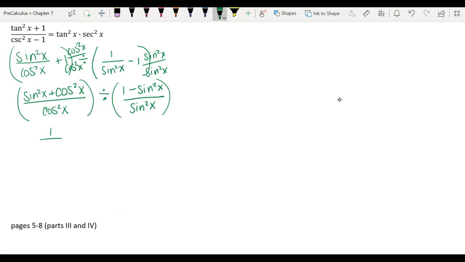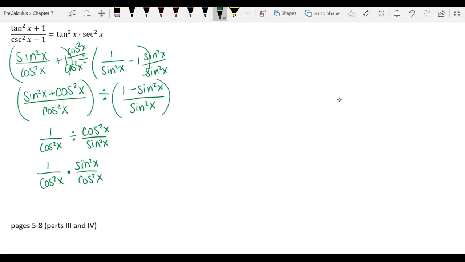So then we have 1 over cosine squared of x divided by cosine squared of x over sine squared of x. And then now we can flip that. So we have 1 over cosine squared of x times sine squared of x over cosine squared of x.